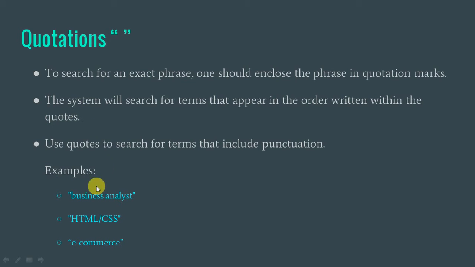If you want to search for a business analyst, the exact phrase as it appears in the order, business first and then analyst second, it must be together as it appears in the article or in the profile. So that's why you need to use quotations.